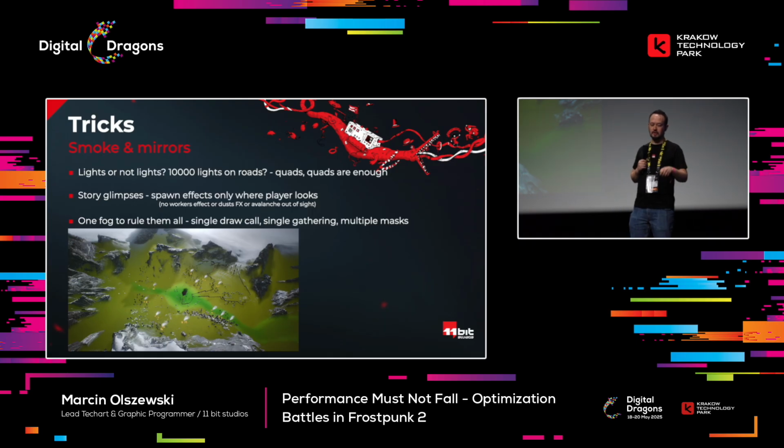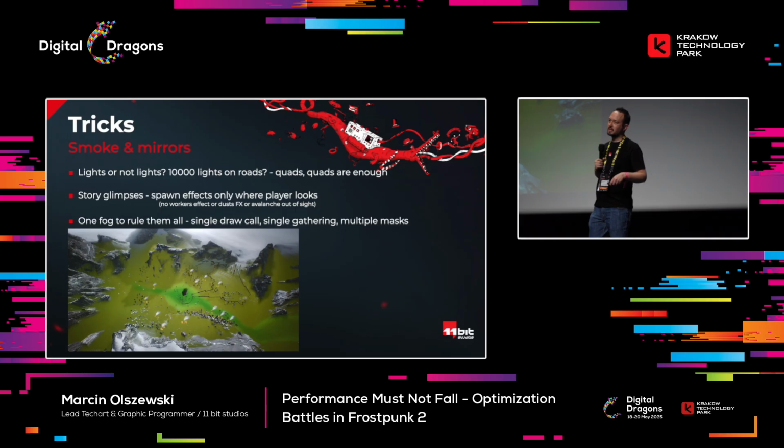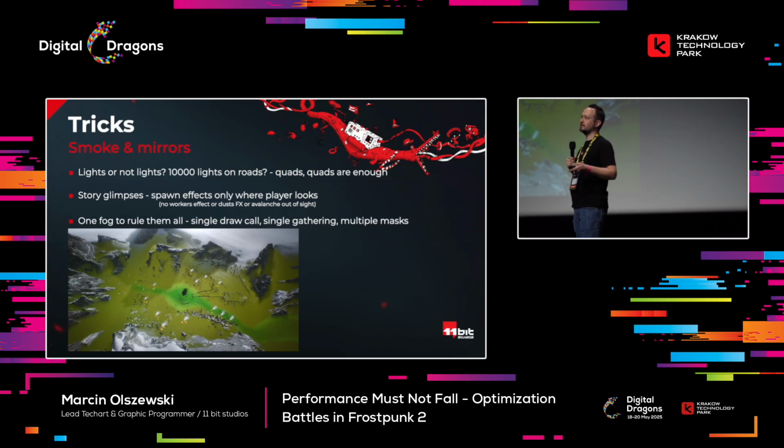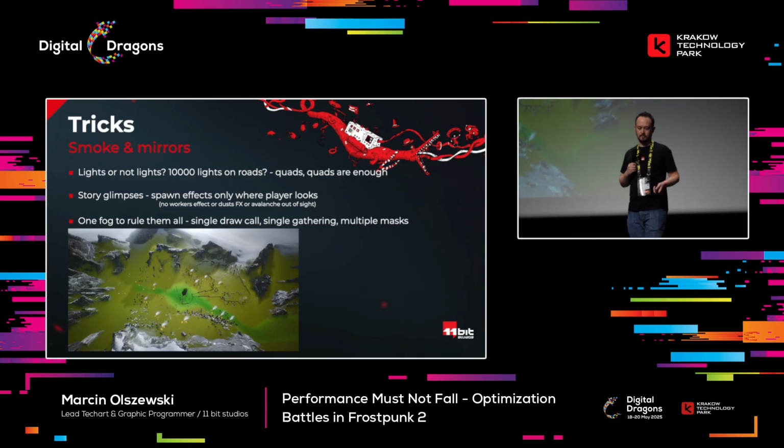Next thing is story glimpses. This is just a mechanic that disables and enables actors or components when we are out of view. For example, we can disable an avalanche or dust and make it just cheaper.